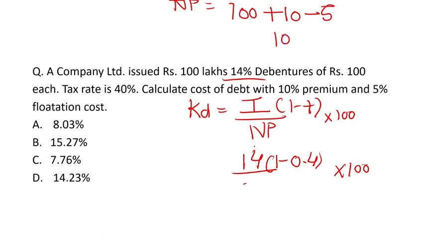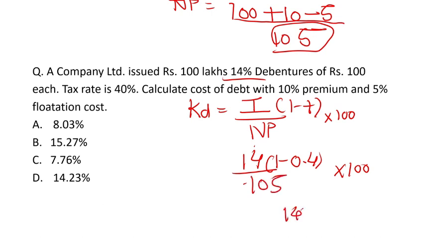The 105 you get after solving this is your net proceeds. So after solving this you get 0.14 into 0.6 by 105, into 100. The right answer you will get is 8%.